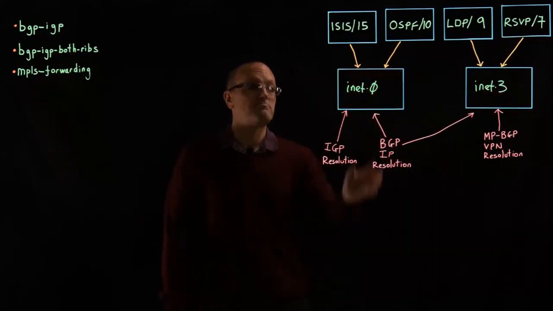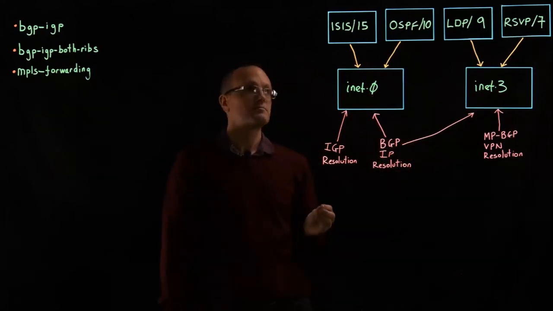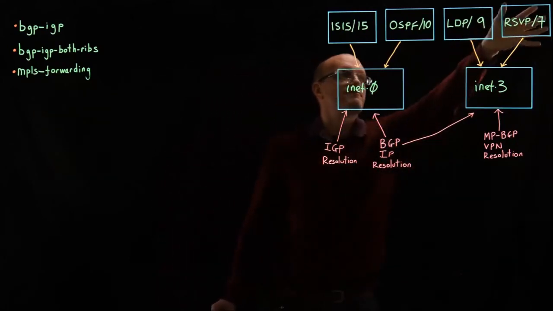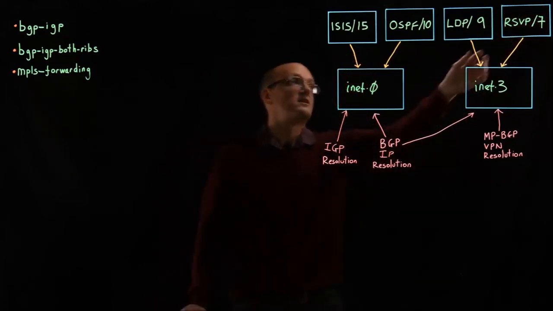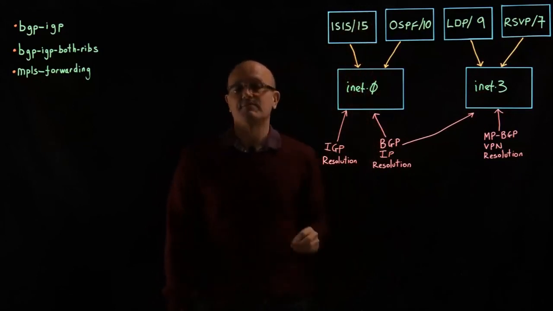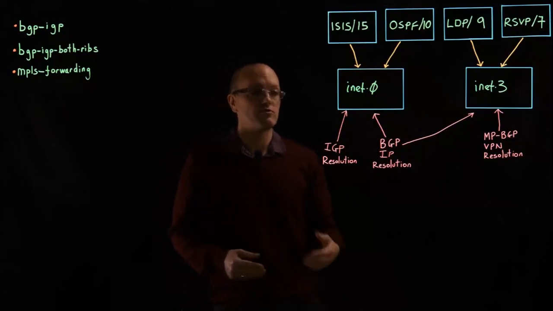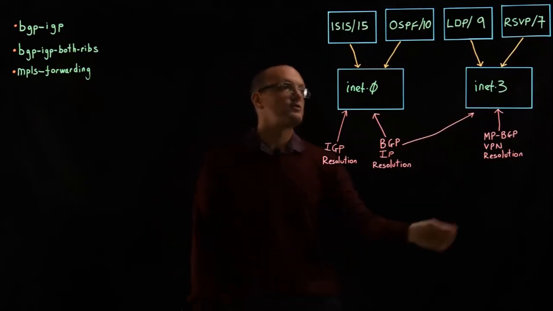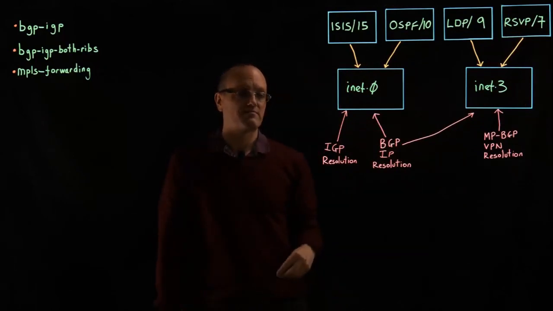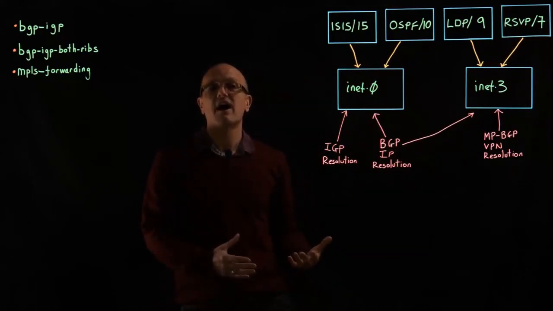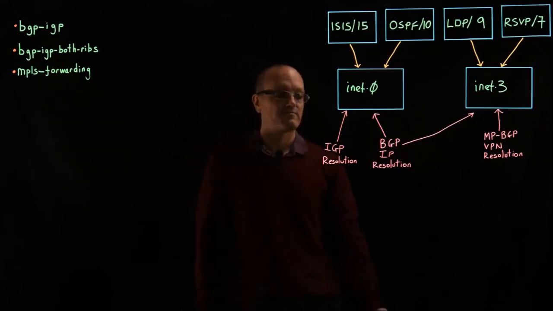We're consulting both tables here because we're doing BGP IP resolution, and we prefer the RSVP learnt route by virtue of its route preference, 7 beats 15. Therefore, in the forwarding table, we install the LSP route to the loopback address, so we MPLS forward traffic to the edge router that has that BGP route on it.